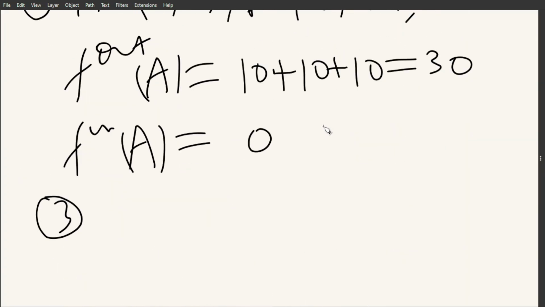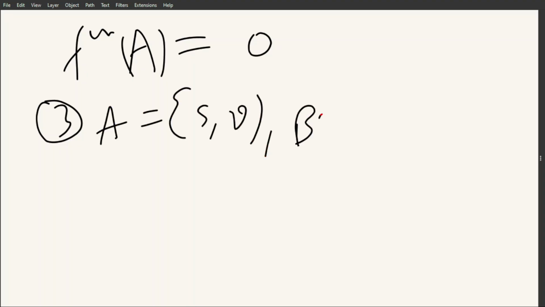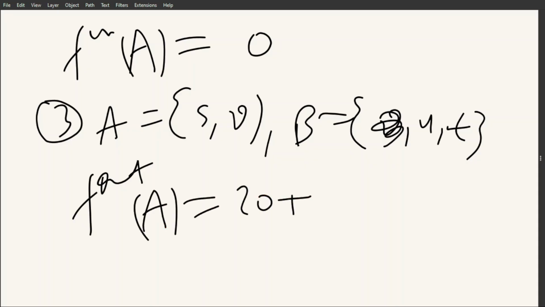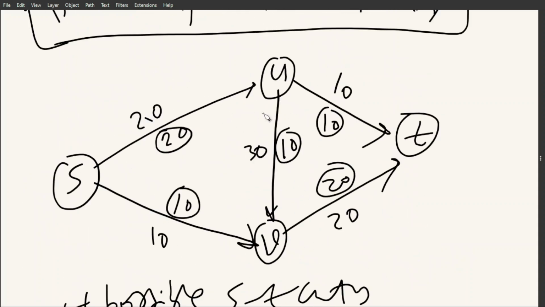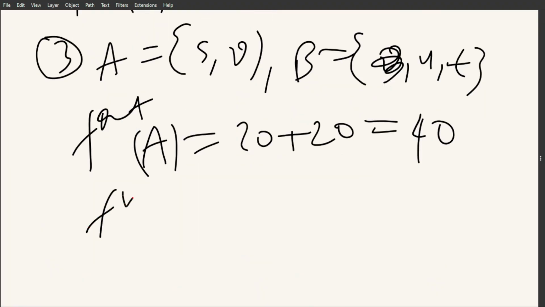So A is s, v, B is u, t, and the flow out of A is 20 plus 20, which is 40. Flow in: there is an incoming flow of value 10, so flow in of A is 10. So here again we can verify the difference is 30.